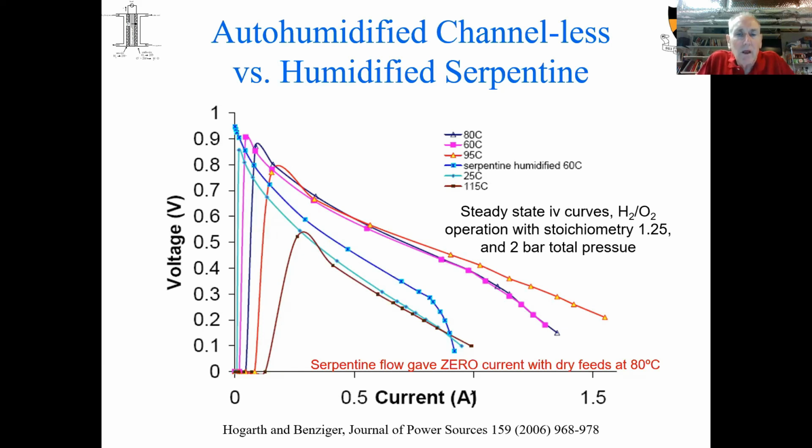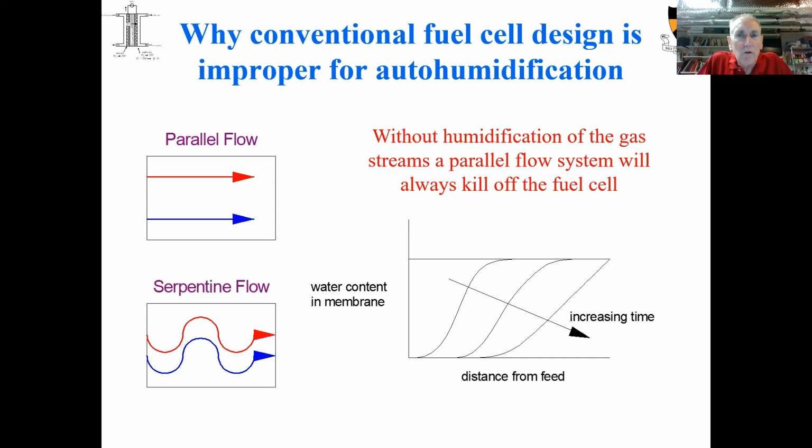And if we look at dry feeds, you can see that we've done dry feeds up to 95 degrees, even up to 115 degrees, where we have high currents once we are above the required... flow is not a very good one for auto-humidification.